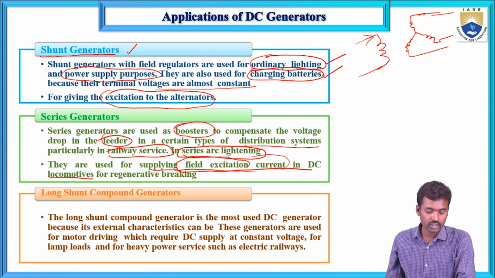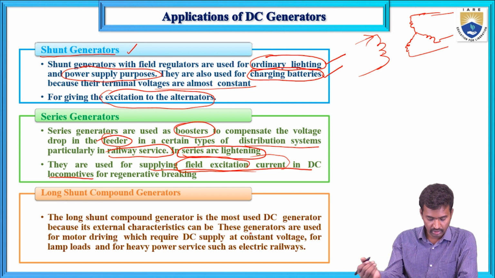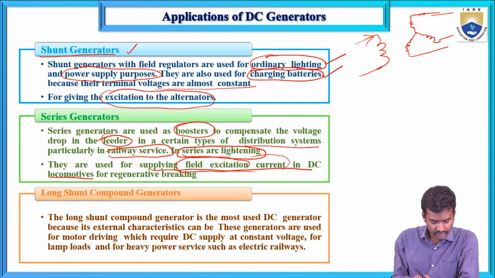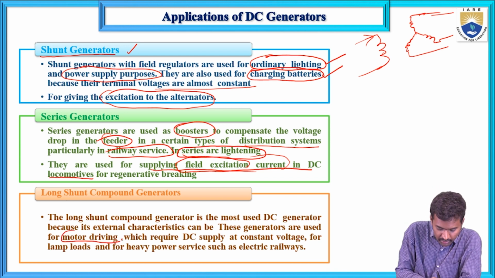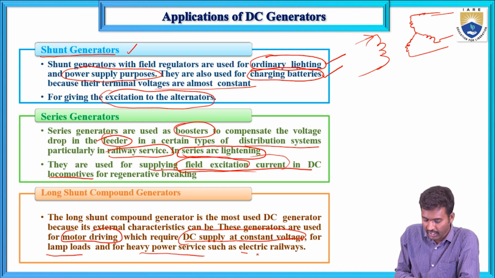Now, the long shunt compound generator. Because of its external characteristics, it is used for motor driving, which requires a constant DC supply, and for load lamps, heavy power services and electric railways.